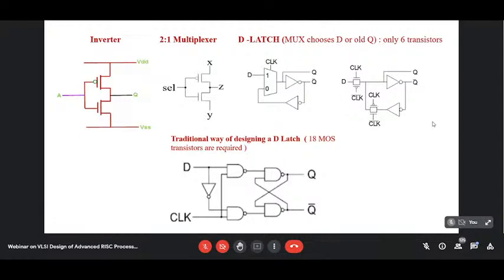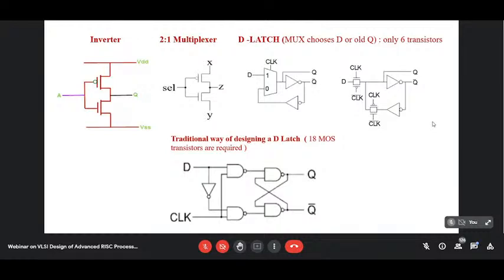Now let's look at whether we can design the same thing using some other concepts. At the top, let's look at the third diagram. One is the mux, and there are 2 transistors, 2 NOT gates, a clock and D. Let's say it is a rising edge triggered flip-flop.